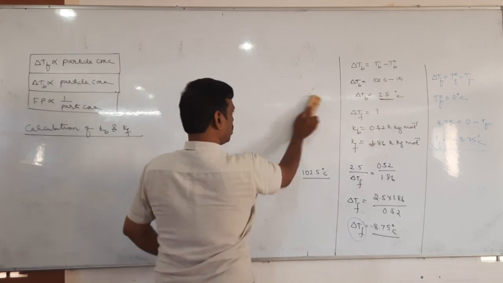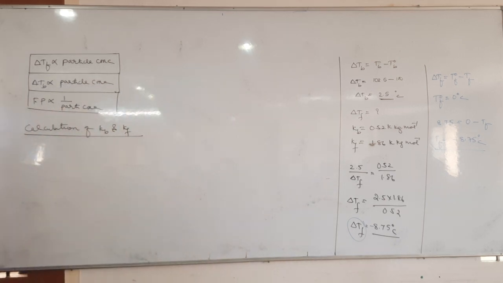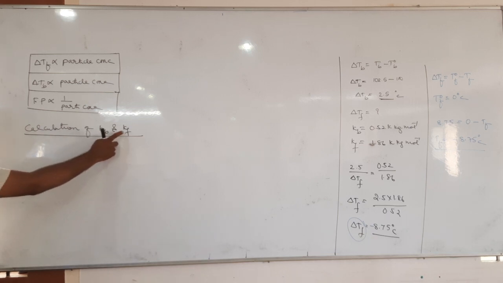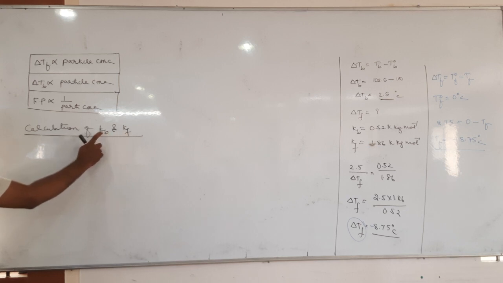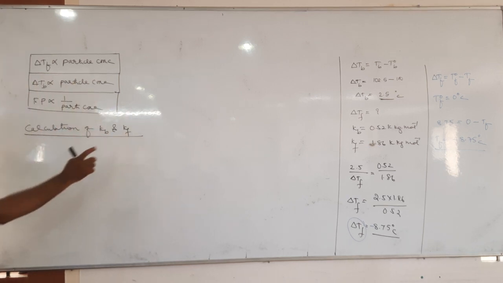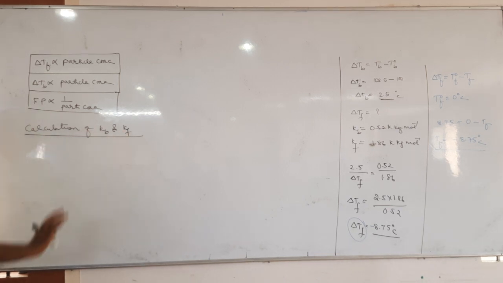We have a simple formula also, you can calculate easily. Tell me. So actually KB, KF are what? They are constants. KB is a what constant? It is a molar elevation constant. It is a molar depression constant. Molar elevation constant is also called ebullioscopic constant. So this is also called cryoscopic constant. That means both are constants.